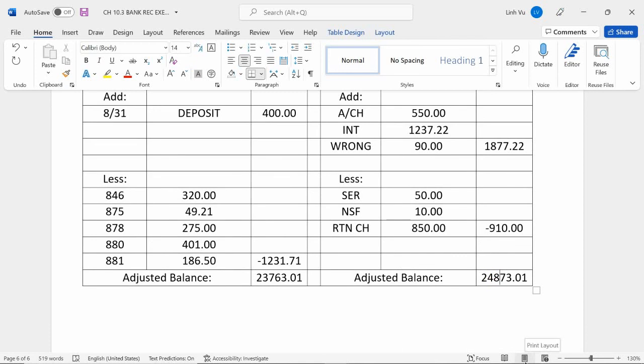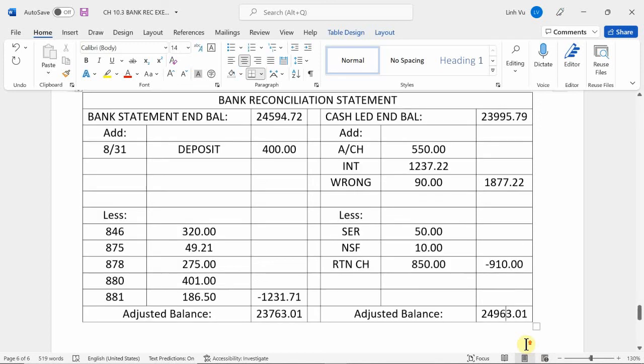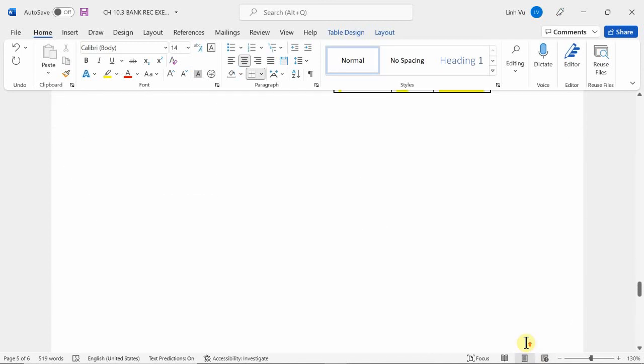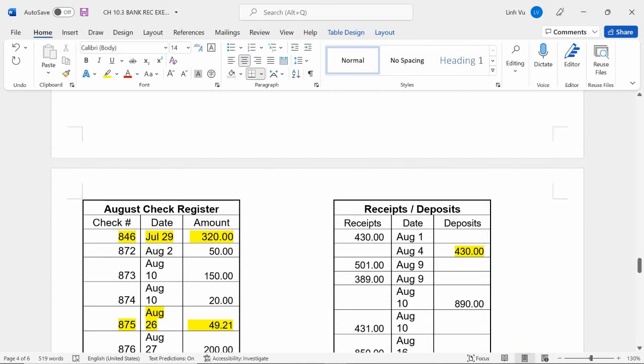You could simply just add $90 to this, so then now you get 24,963.01. So we found our first mistake: we recorded the numbers wrong.